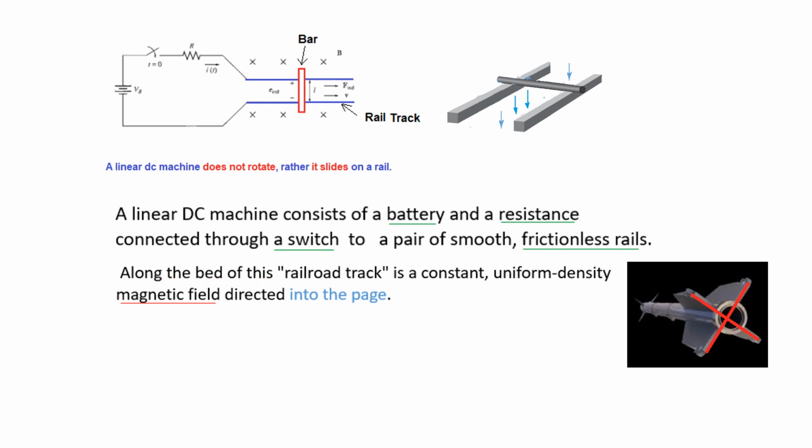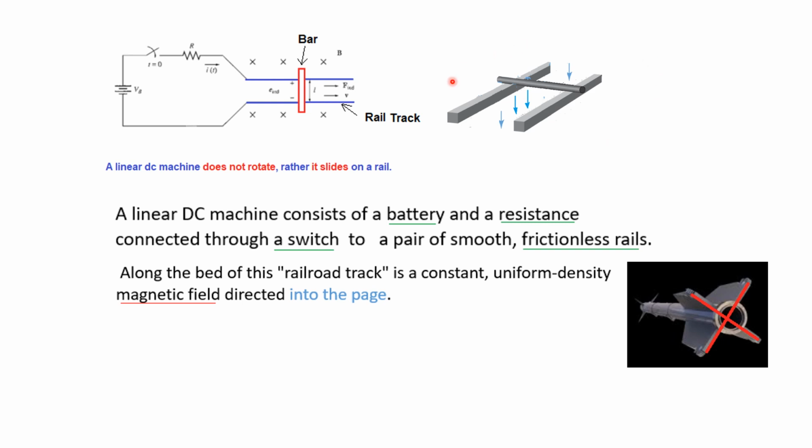Along the bed of this railroad track is a constant uniform density magnetic field directed into the page. So the magnetic field is directed into the page, just like the back of an arrow, and these crosses mean that the magnetic field is directed into the page.